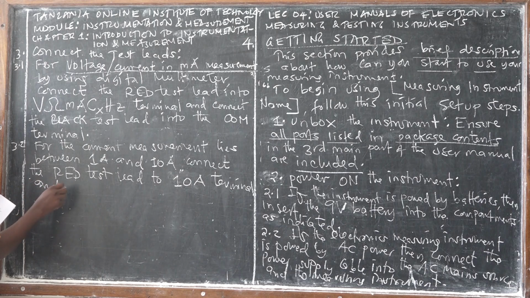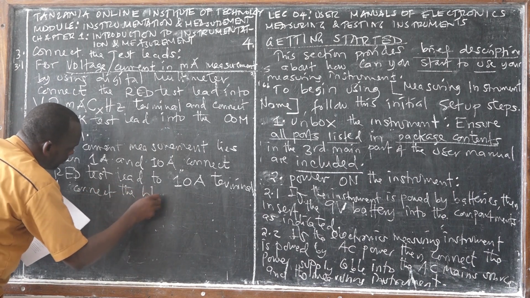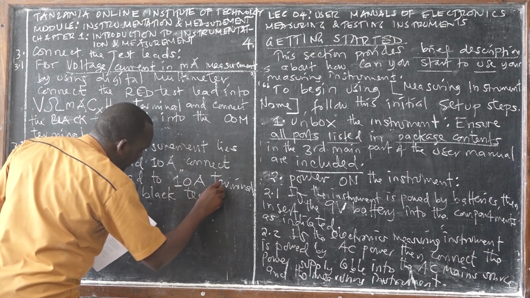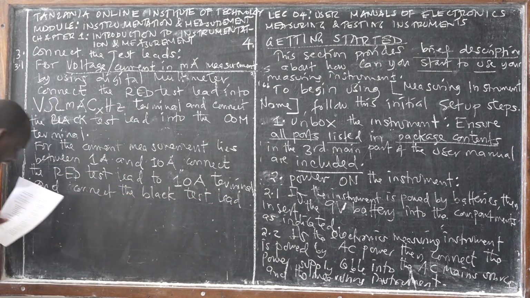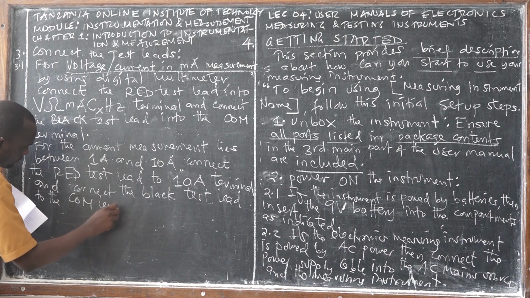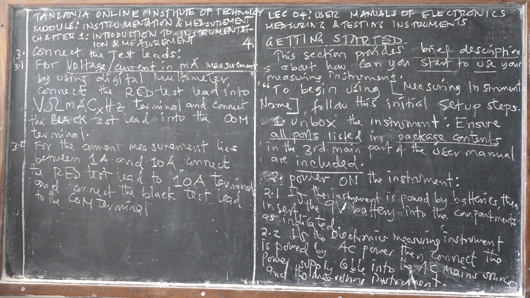And then connect the black test lead to the COM terminal. This is an example of getting started: connecting the test leads, especially for the digital multimeter.